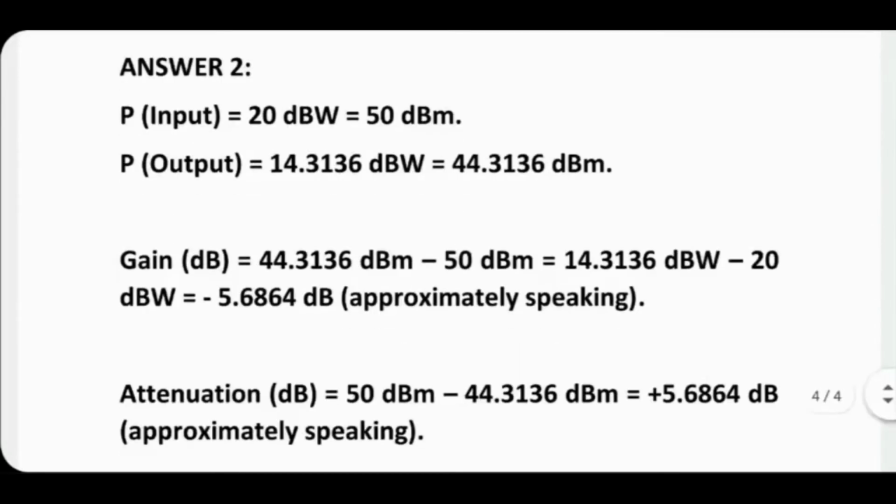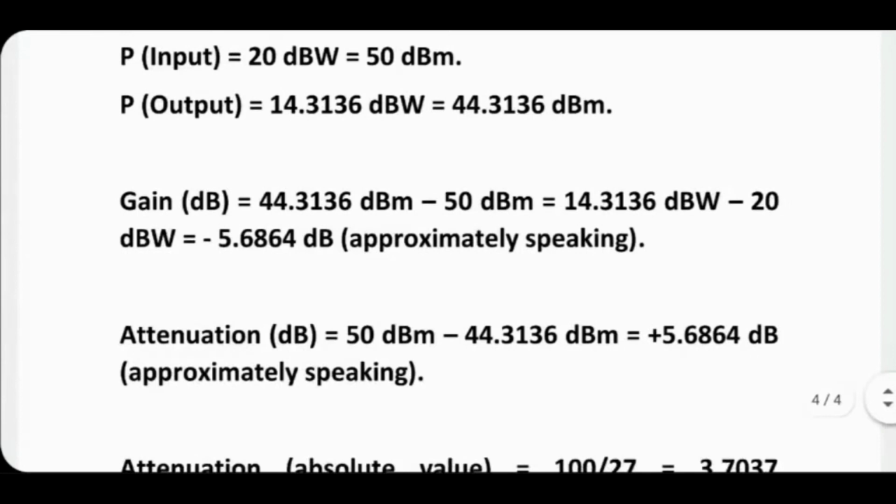Gain is output power in dBm minus input power in dBm. So you get a negative gain. It's not an amplifier. Attenuation is the same value as gain, but the minus sign is gone. Attenuation is plus 5.6854 dB.